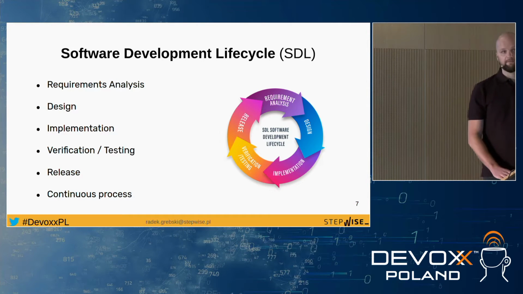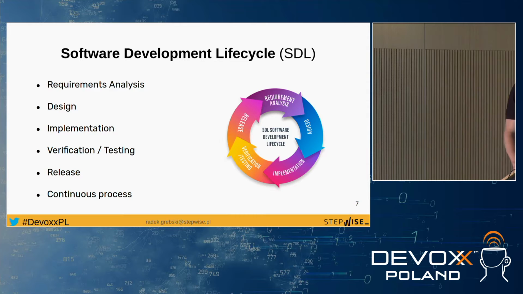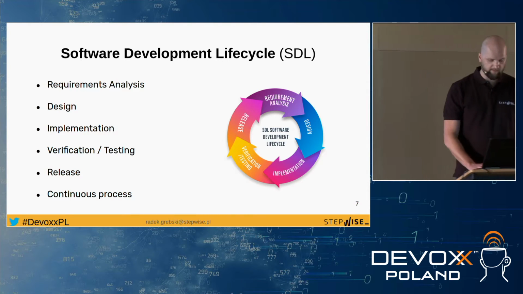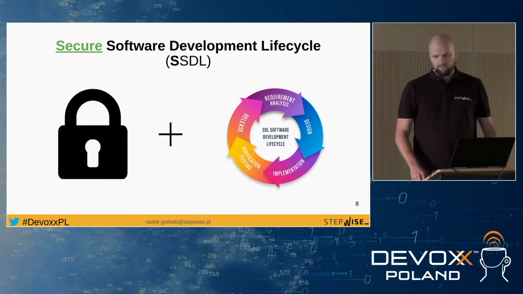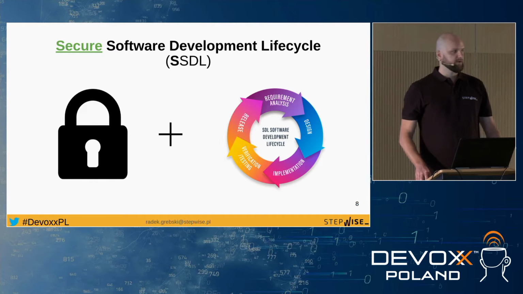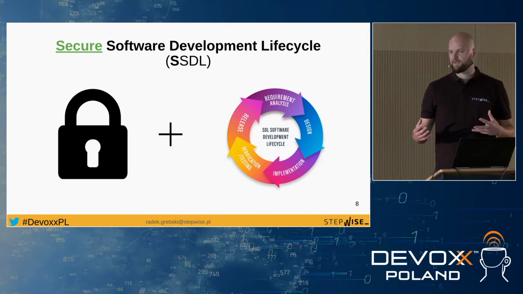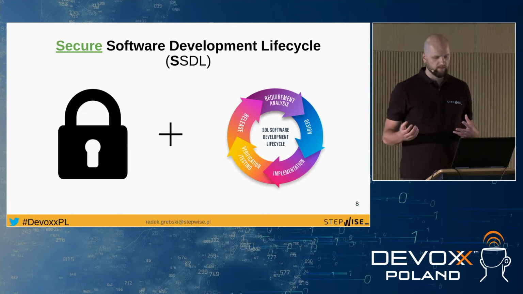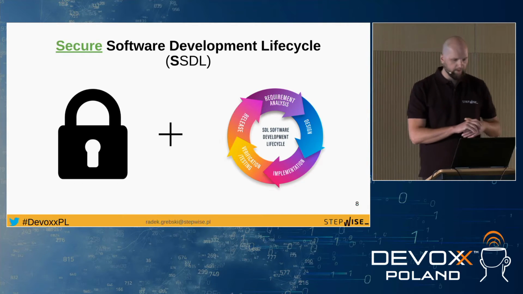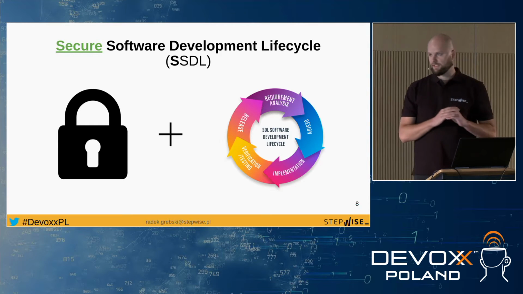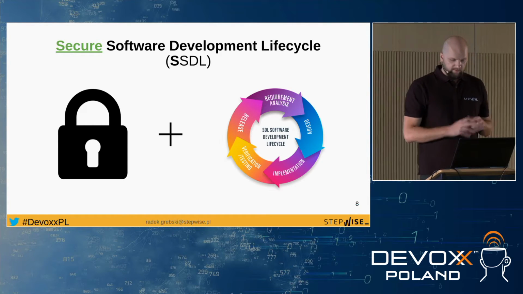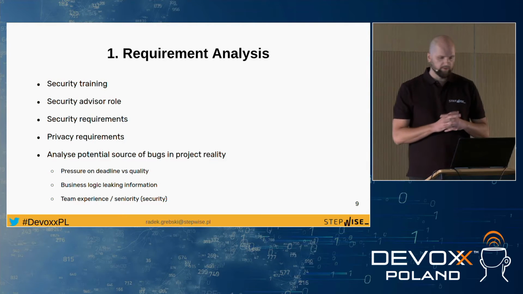We do it very often, and some companies do it like 1,000 times daily. So how to make it secure? I believe it's all about adding security aspects to each stage of the software development lifecycle. So let's start with requirement analysis.